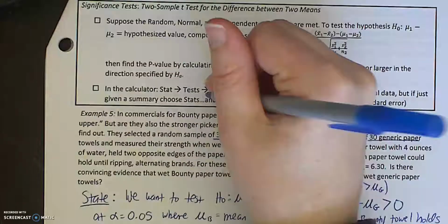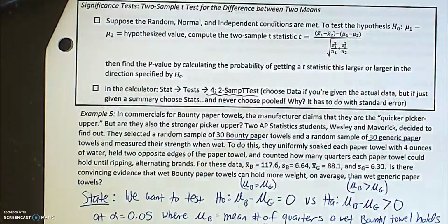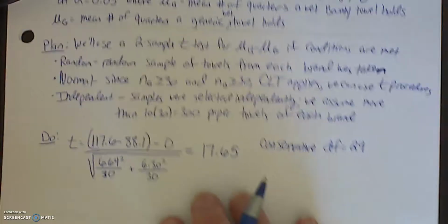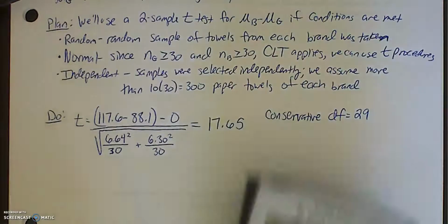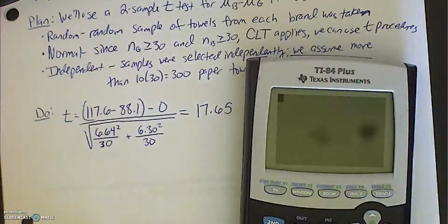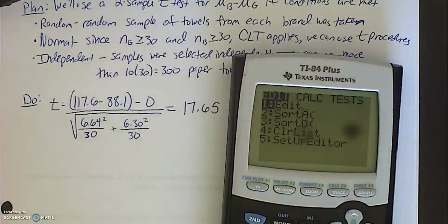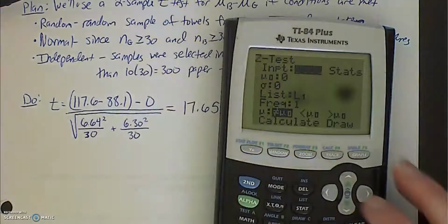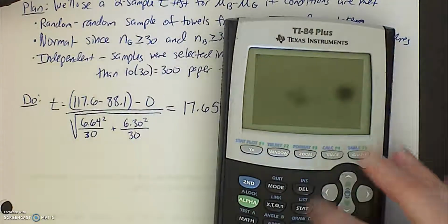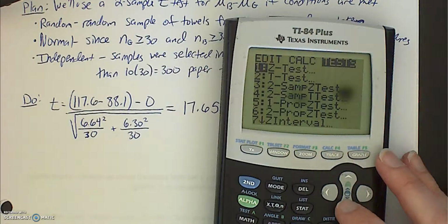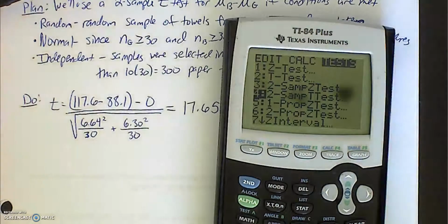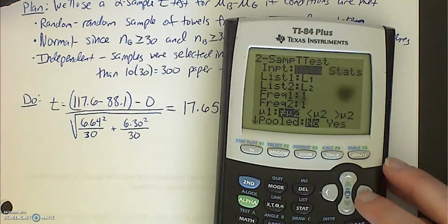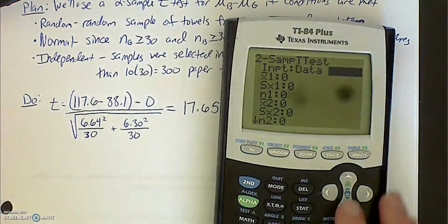We're going to do a 2-sample t-test. In my calculator, I go to stat, over to tests, and I'm choosing option number 4, which is a 2-sample t-test. Now it asks me if I have the data, which I do not. All I have are the statistics, so I have to enter in all my stuff.